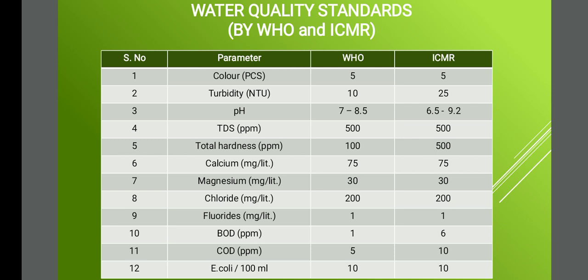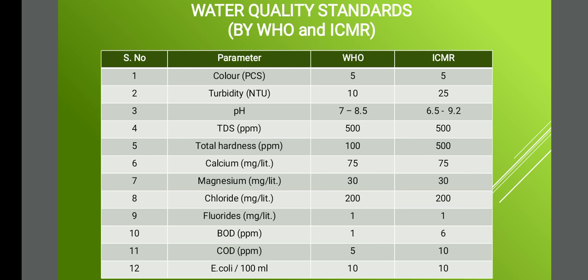Color: WHO 5, ICMR also 5; turbidity 10, 25; pH 7 to 8.5, 6.5 to 9.2; TDS 500, also 500; calcium 75, 75; magnesium 30, 30; chloride 200, 200; fluoride 1, 1; BOD 1, 6; COD 5, 10; E. coli 10, 10. Is it okay? So this is the water quality standard prescribed by WHO as well as ICMR.